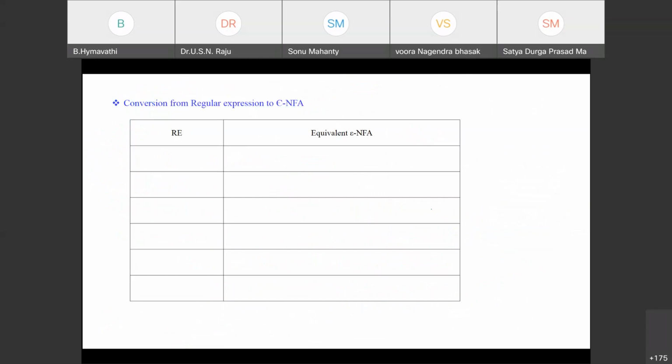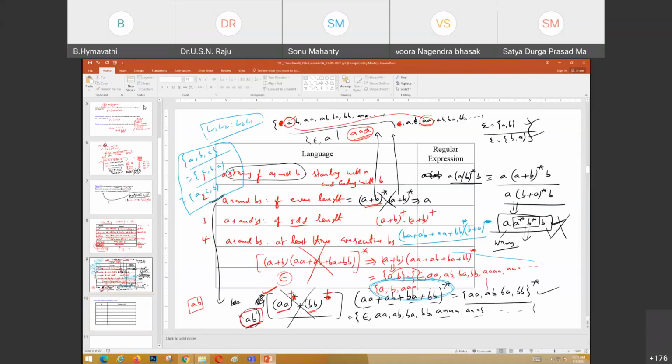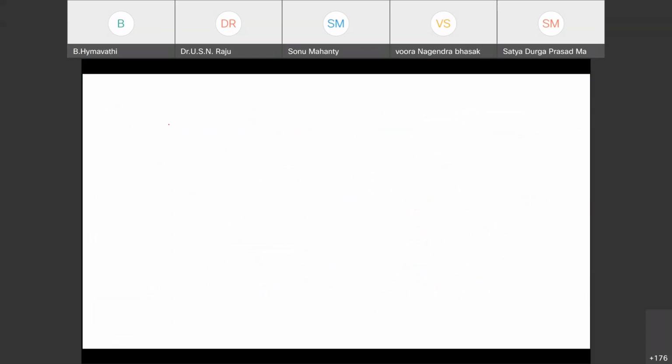Even if you consider this one, (A plus B) whole star, otherwise (B plus A) whole star.